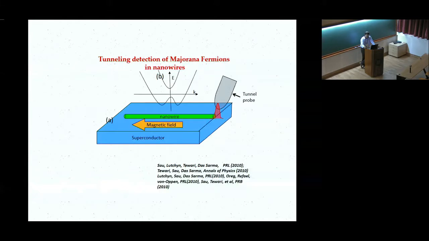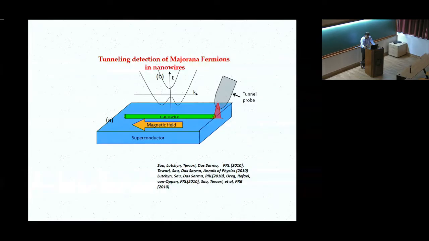And the idea is that if you have a 2D semiconductor film or a 1D nanowire, put it on top of a parent superconductor that produces superconductivity in the nanowire, and then place this entire system in the presence of a magnetic field which is parallel to the nanowire.